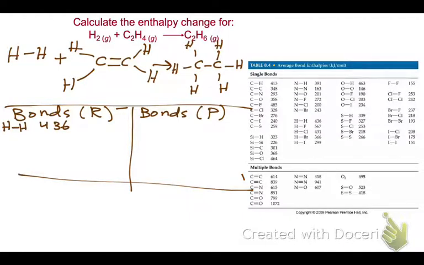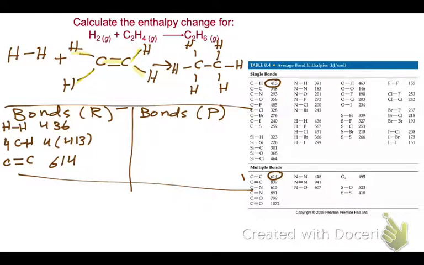Then I have 4 carbon-hydrogen single bonds, so this is 4 times. I'm going to have to find this bond, the carbon-hydrogen single bond, 413. I also have one carbon-carbon double bond, so I'm going to have to go and find that as well, which is right here. That is 614.